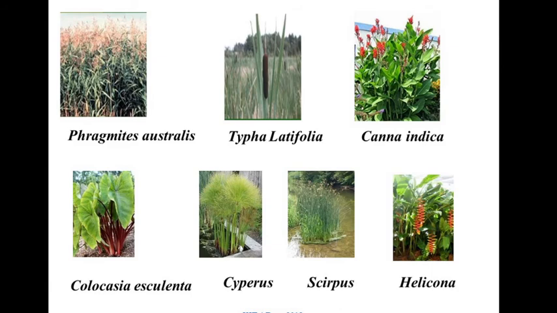We can find this type of wetland plants in our areas. So what are they? Cyperus, Heliconia, Canna indica, Typha latifolia, and Phragmites species. These are the various types of constructed wetland plants which we can use in the treatment of wastewater.